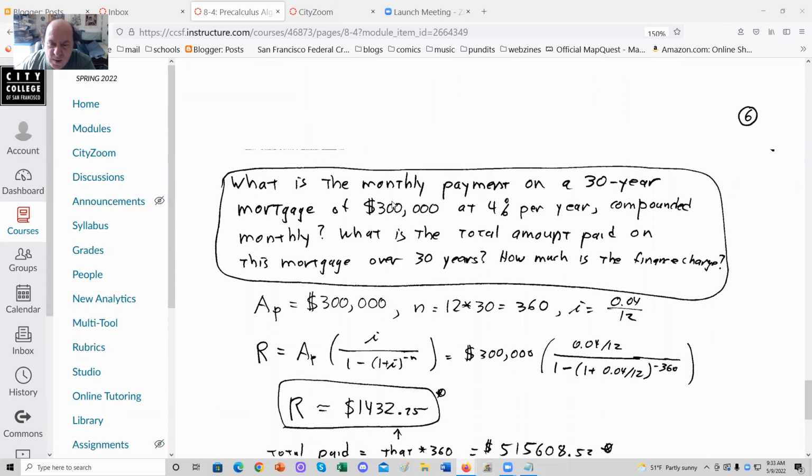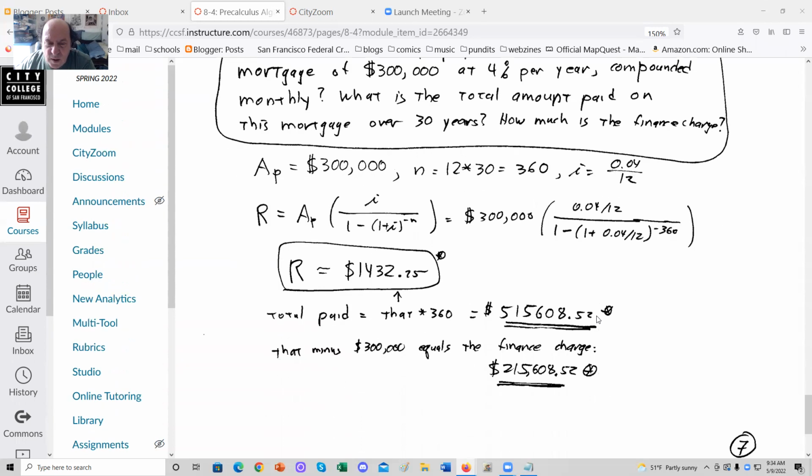Okay, the present value is $300,000. The number of payments is 30 years times 12 months a year, which is 360 payments. The interest rate per payment is 4% divided by 12.